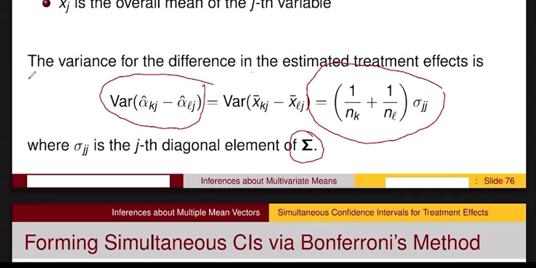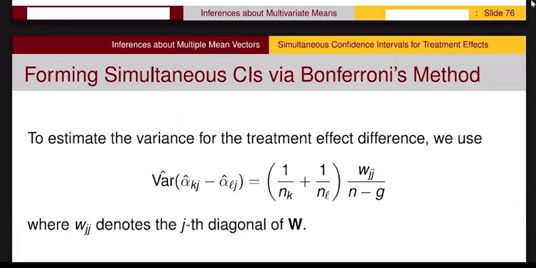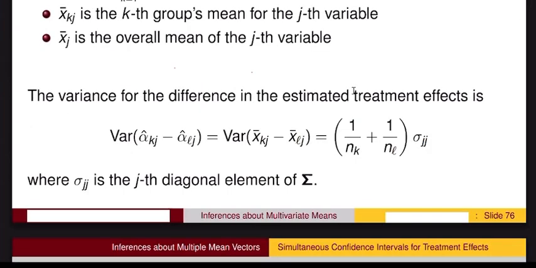If I am able to have this in place, then I can conduct statistical inference and construct a confidence interval with very high precision. Constructing a confidence interval with very high precision means I am expecting that the variance of this difference is very, very small.